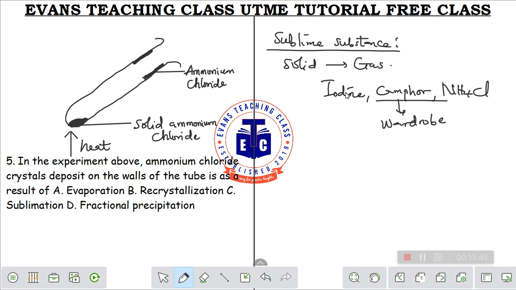So now look at what happened here. They said in the experiment above, ammonium chloride deposits on the walls of these two as a result of what? The answer is very simple. Just say sublimation. We've already done it. So that's the answer. I hope you guys are getting what I'm trying to say.